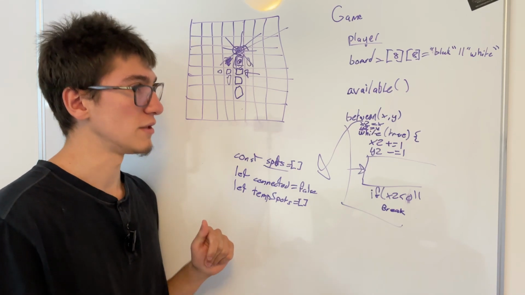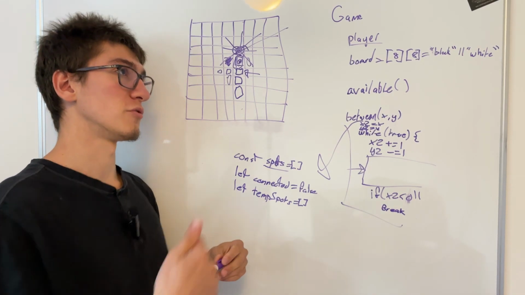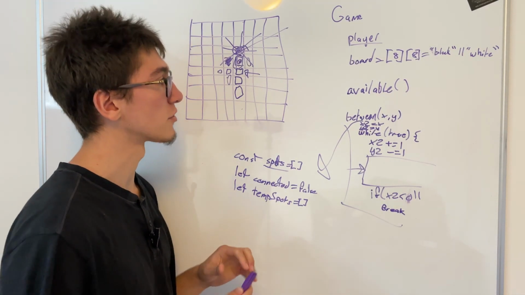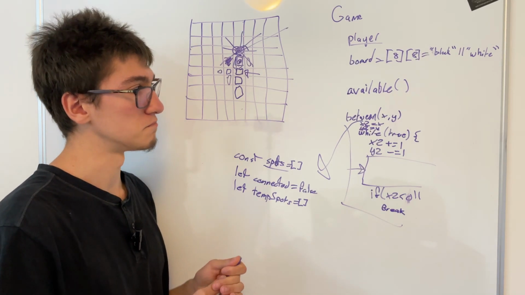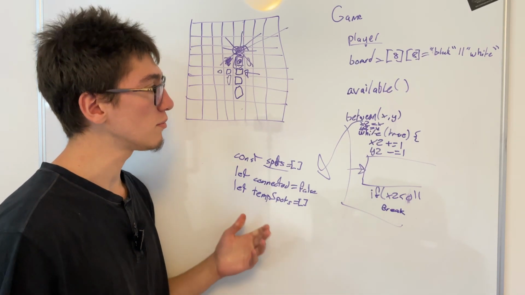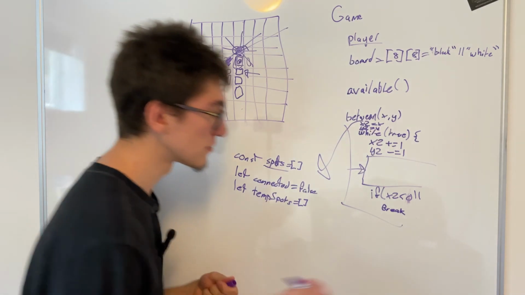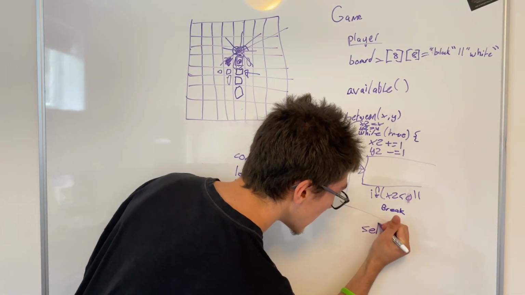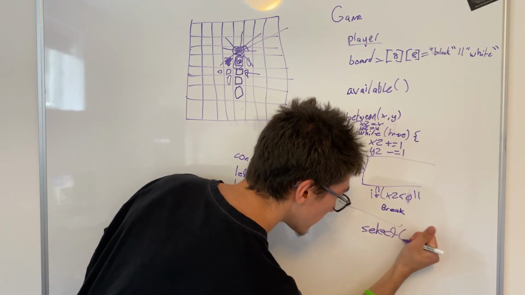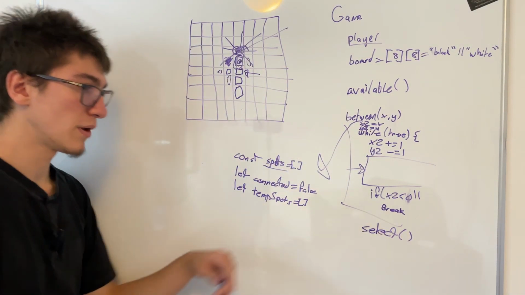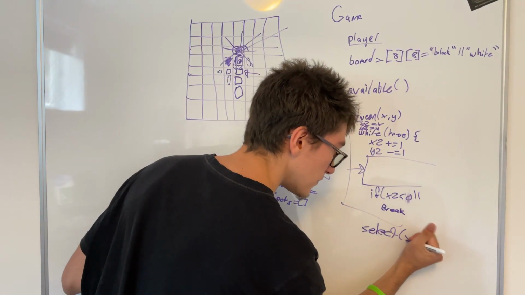We would also need a function to do an action, right? I could call it select or whatever other name you want, but I think select is fine. So we'll have select, which will be passed x, y as well.